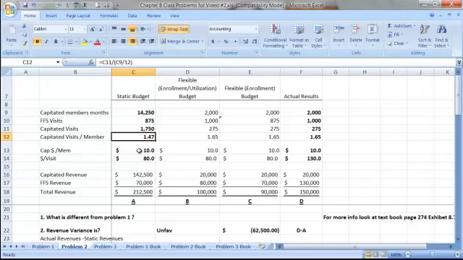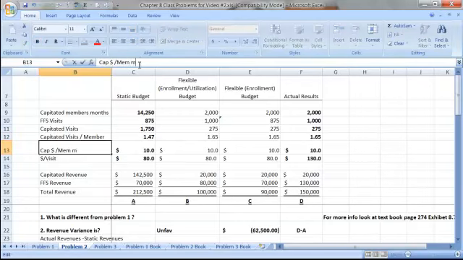Capitated dollars per member month, it should say per member month, we thought we would get $10. Why don't I just add that per member month so that we're not confused. And then we thought we would get this, so this is the price amount.